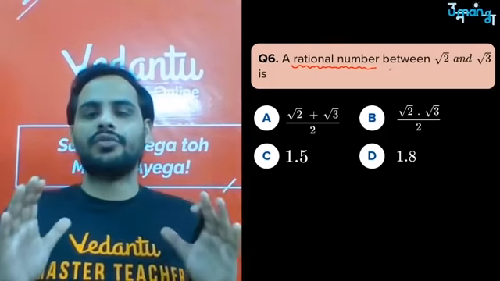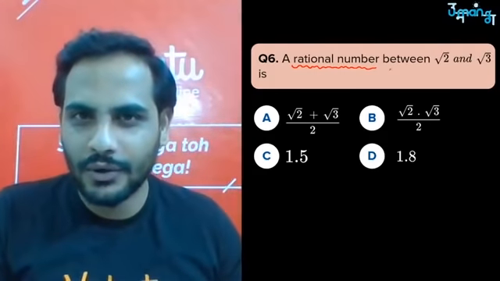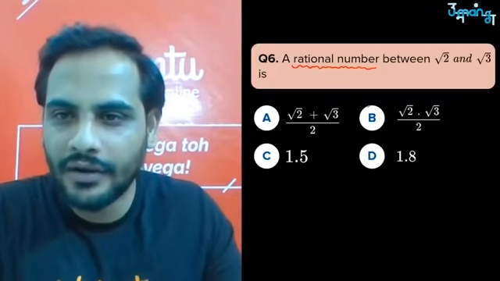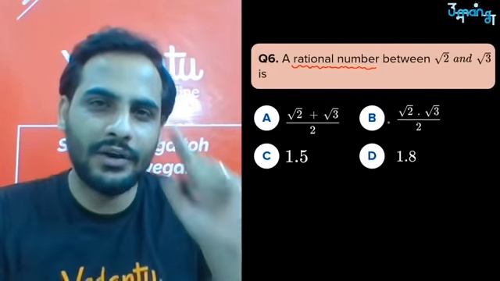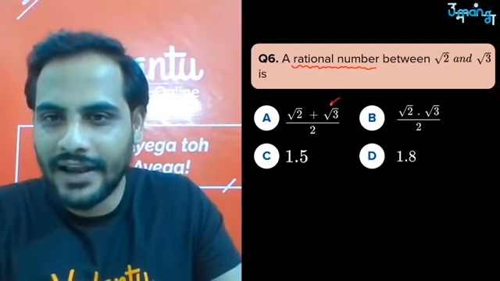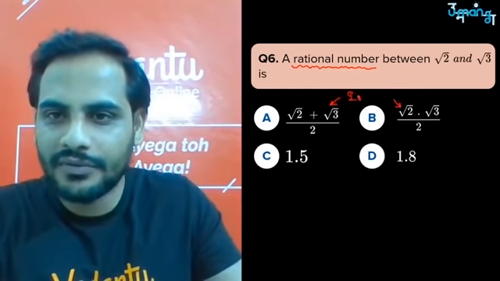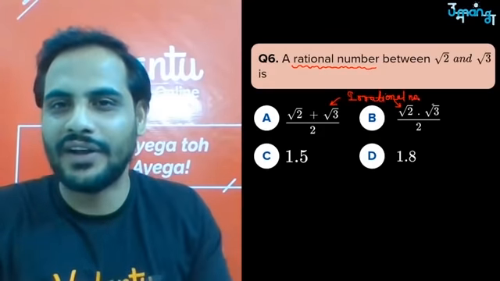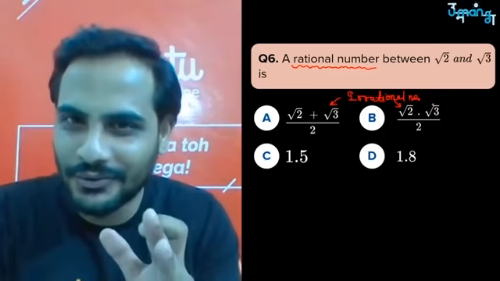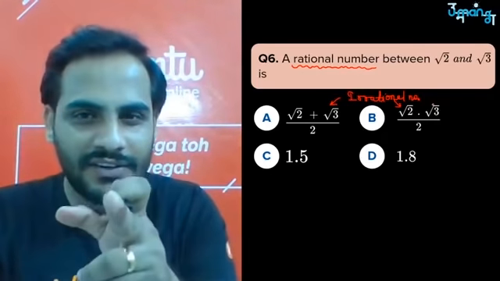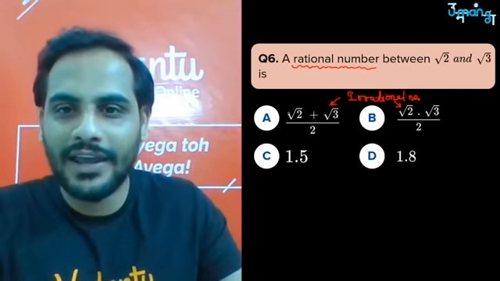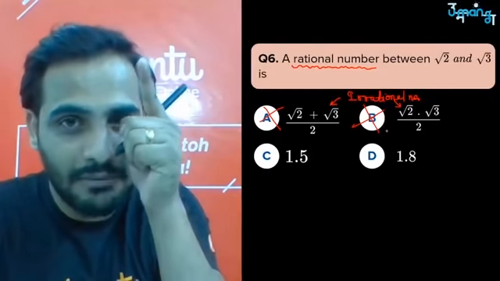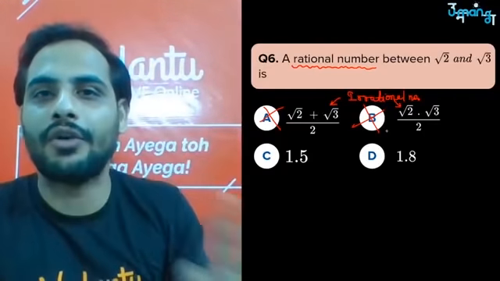Those of you who are giving me option A or B as your answer, for your kind information, both option A and B are irrational numbers. The question is asking for a rational number, so A and B cannot be the answer. That is how you have to think.